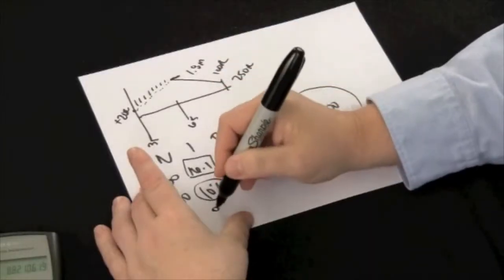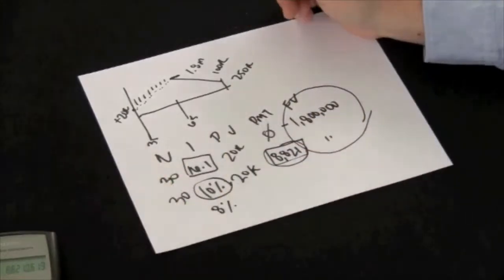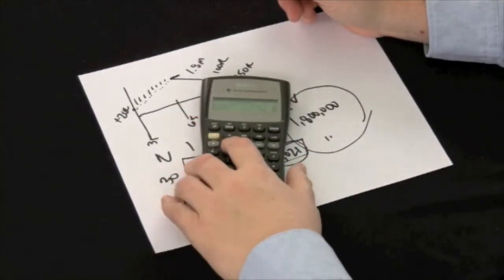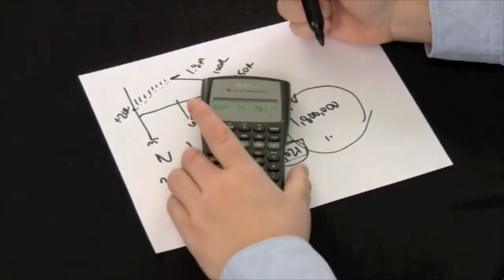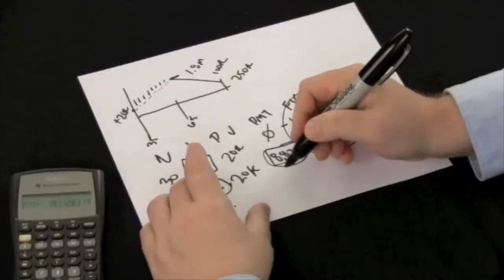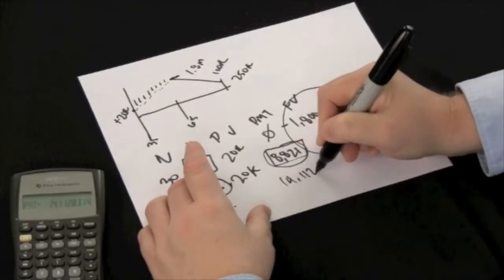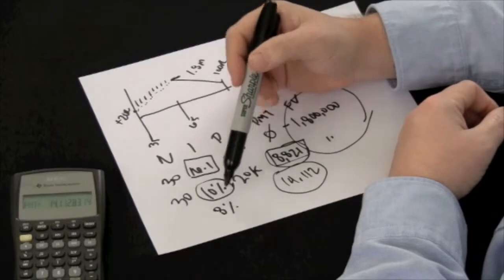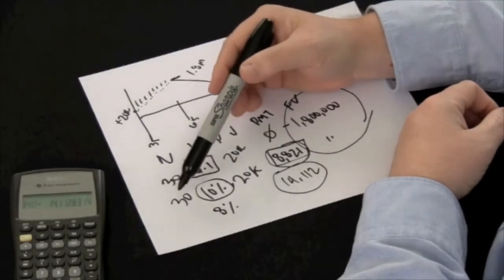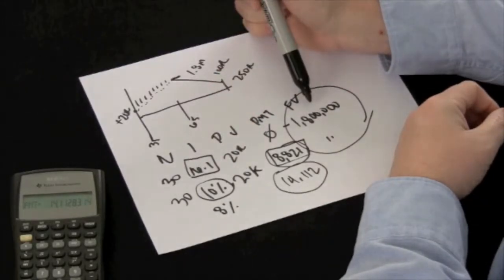So let's look at this at 8%. If we just change the I to 8 I, compute payment, it's $14,112, which is what we would need in additional deposits for an 8% return starting with $20,000 over 30 years to end up with $1.8 million.